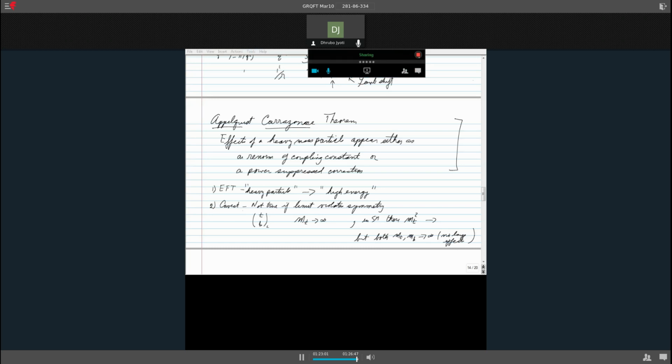But if you took both mt and mb to infinity, there are no large effects. So you put them in a doublet, make the masses equal and take the masses to infinity. You don't get diverging effects like you do if you just take the top quark mass.